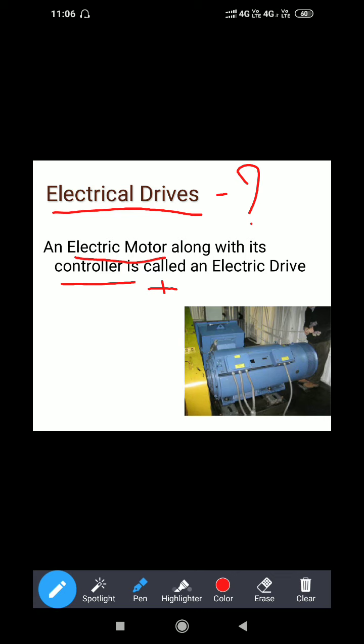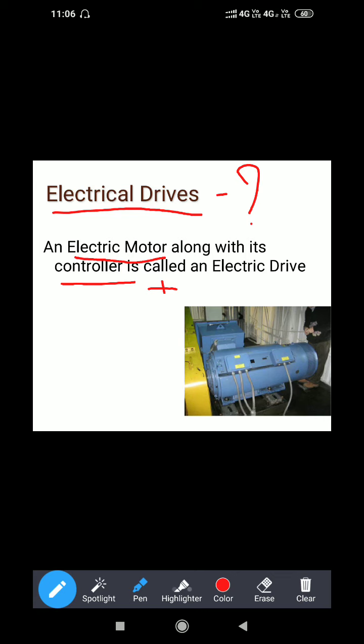We can also define an electric drive as an electromechanical device for converting electrical energy into mechanical energy to impart motion to different machines and mechanisms for various kinds of process control, right? Also, the question arises why we are using an electric motor as a prime mover for a drive.